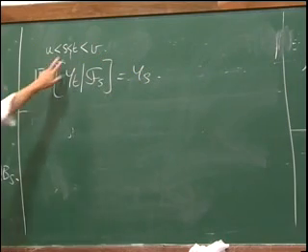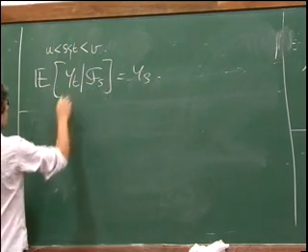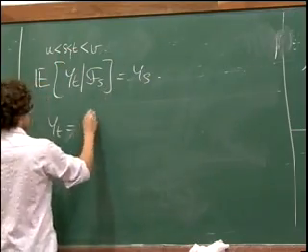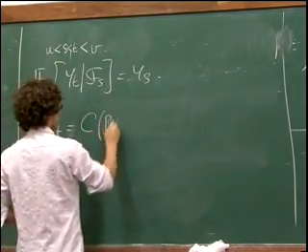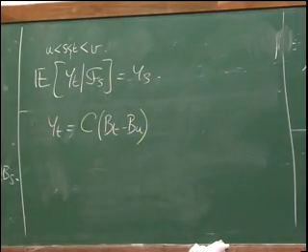I should do the other cases but it's exactly the same. It works always the same. So in our case here, Yt, when it's like this, is C times Bt minus Bu. You can check it from the definition.